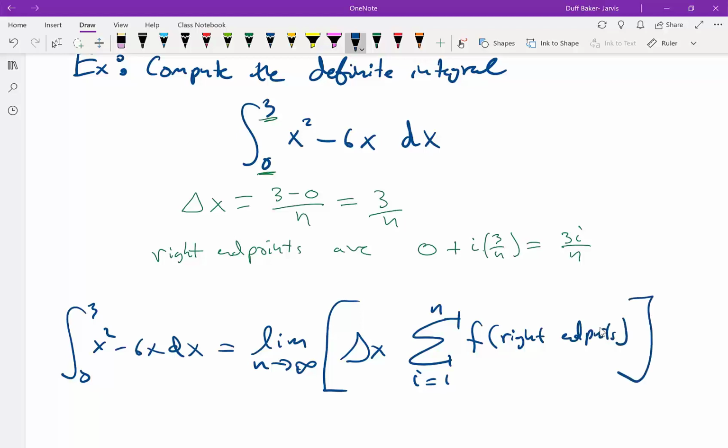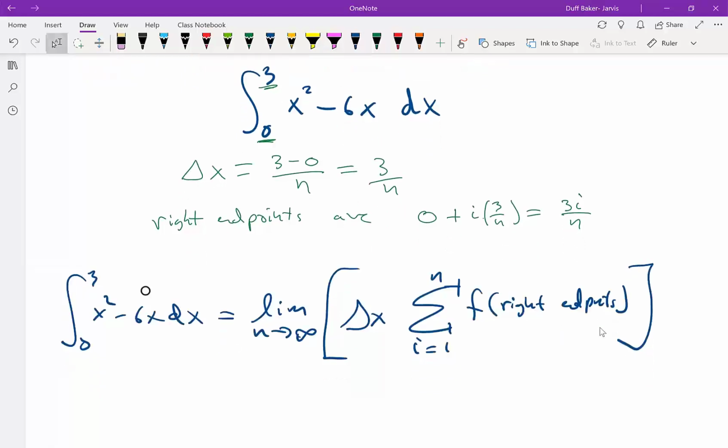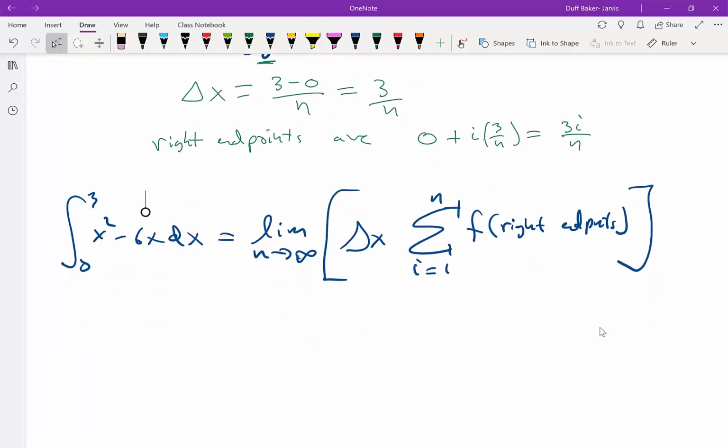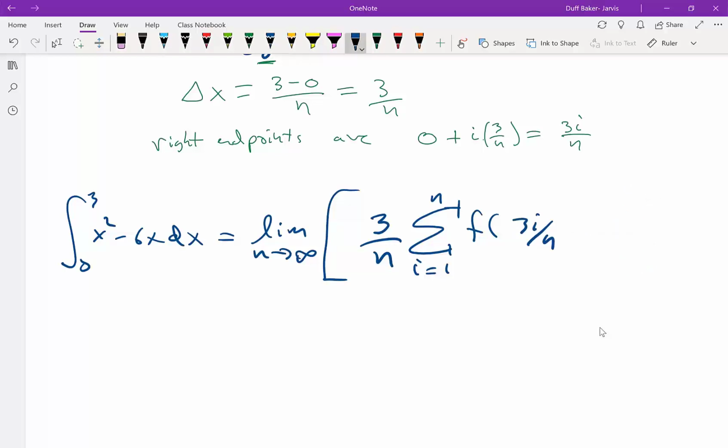So it's the limit as n goes to infinity of delta x. And our delta x was 3 over n, so we would put 3 over n here. And our right endpoints were just 3i over n. But now we have to actually evaluate this part. Like, what is f with 3i over n plugged in?